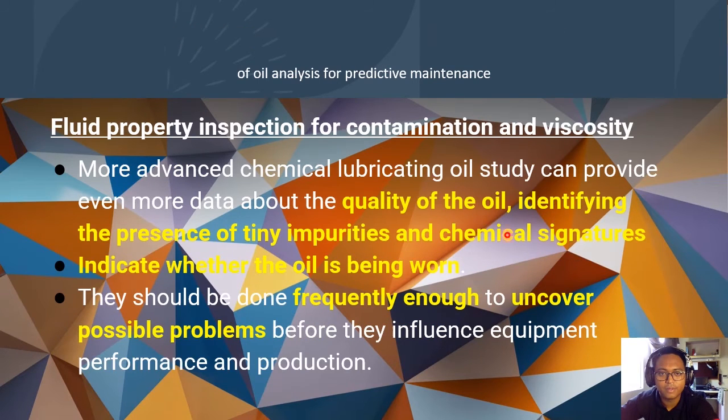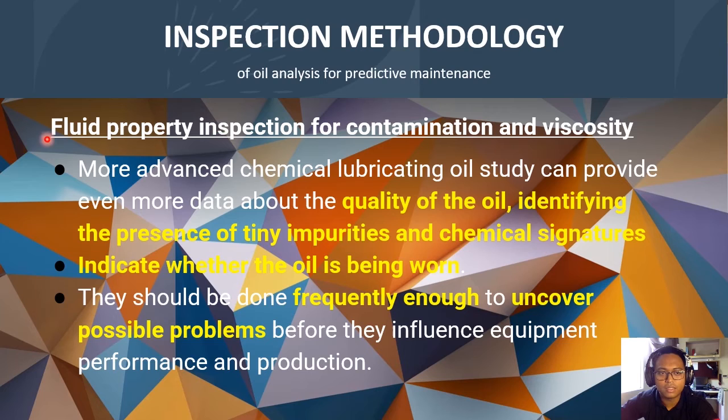This method also can reveal some serious issues with equipment wear, such as leaking. Now the second one is fluid property inspection for contaminant and viscosity. This method is a more advanced chemical lubricant study, which can provide even more data about the quality of oil, identifying the presence of tiny impurities and chemical signatures.